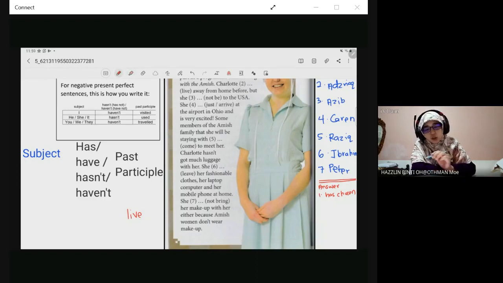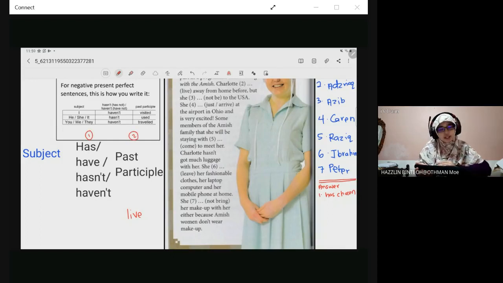Okay, so to write present perfect sentences, you need to have these two things. One, two. Why not the subject? Because you have already been given the subject, which is Charlotte. So you need to write the present perfect.